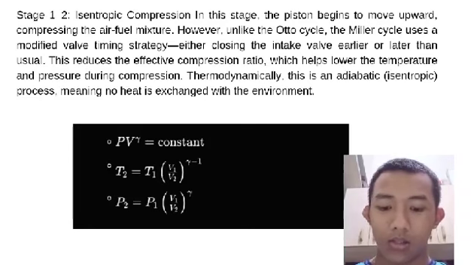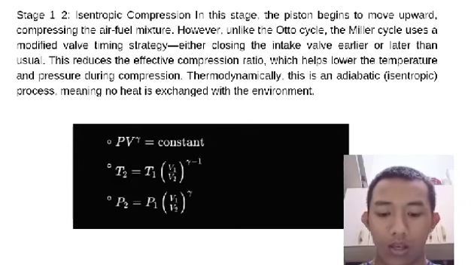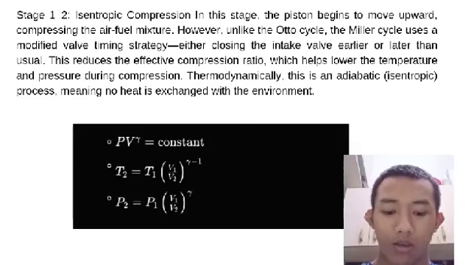This reduces the effective compression ratio, lowering the pressure and temperature inside the cylinder. The process is adiabatic, meaning there is no heat exchange with the environment. The main goal here is to reduce engine knock and improve thermal efficiency.